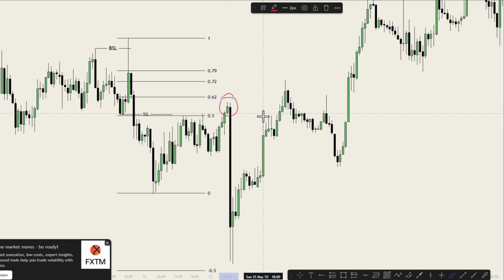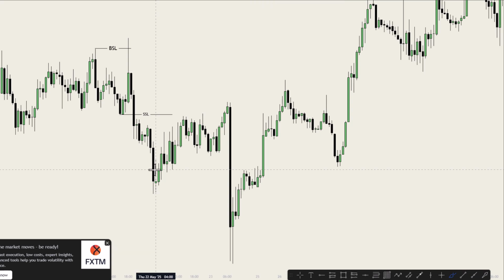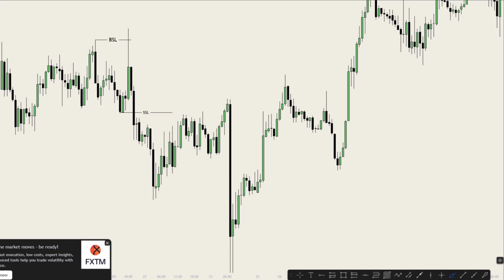So for example, here, after price created this retracement into the premium level, we see another daily range being formed. Why? Because we see buy side liquidity has been taken and also sell side liquidity has been taken.